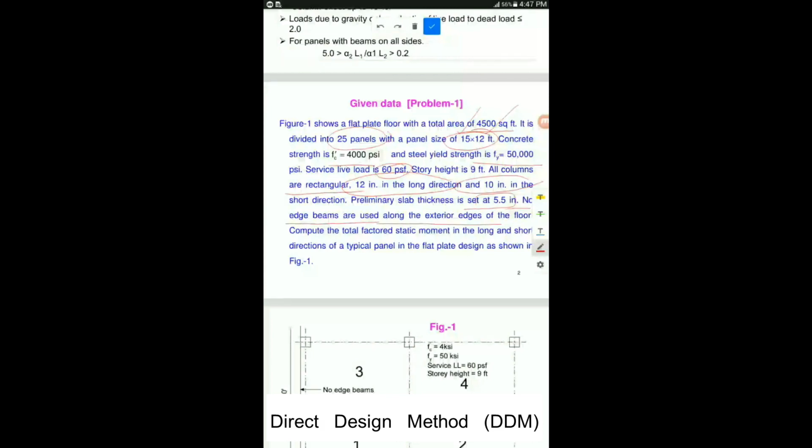As discussed, flat slabs and flat plate slabs both don't have interior beams, but they may have exterior beams. In this numerical, it is given that there are no edge beams along the exterior edges. What we are required to find is the total factored static moment along the long and short directions in the typical flat plate slab system. This is the first part of this whole numerical.